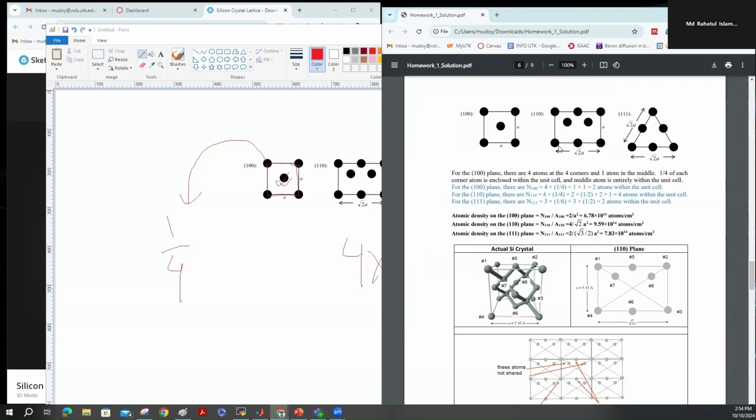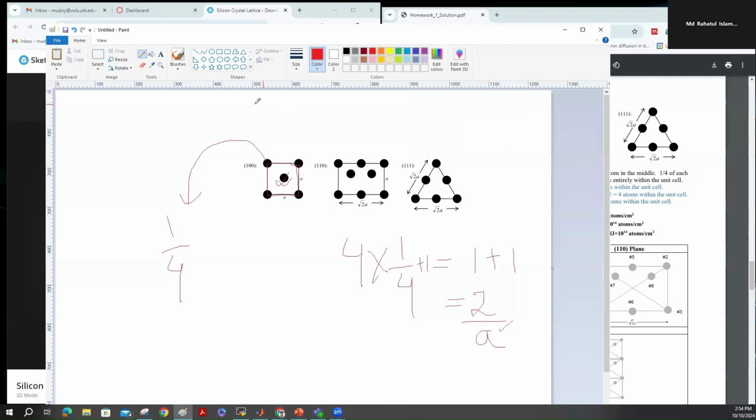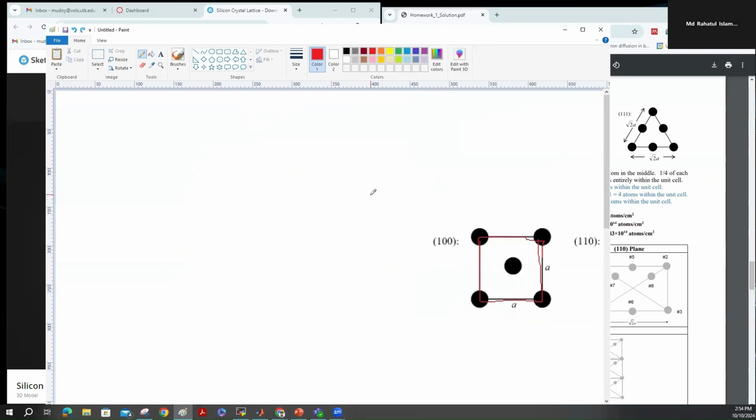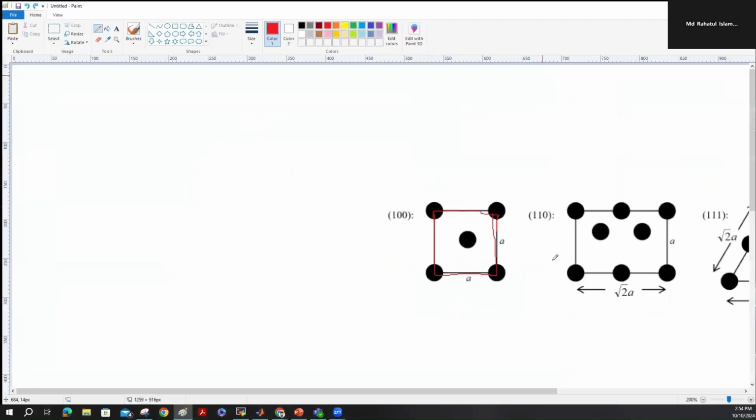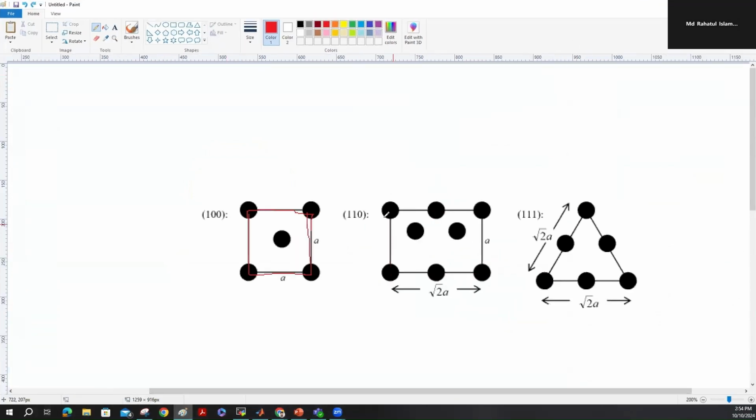Similarly, let's move to the 110 plane. Let's draw it here. Let's zoom a little bit. Let me draw the plane here. So what will be the case for these four atoms?